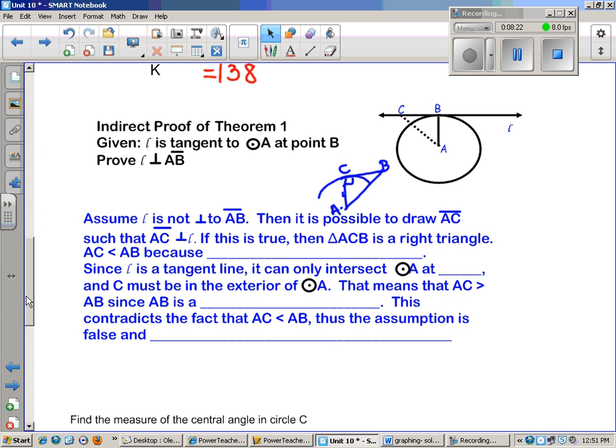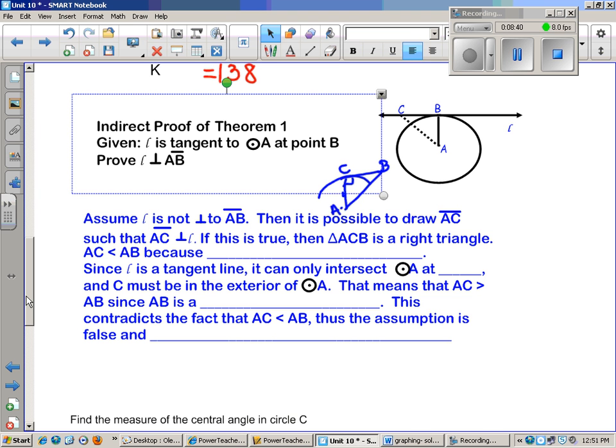So there's that thing I told you that was going to fall apart. There's no way that AC can be shorter than AB. So if that's impossible, then it's impossible for L not to be perpendicular to AB, and if it's impossible for it not to be perpendicular, then it must be perpendicular.